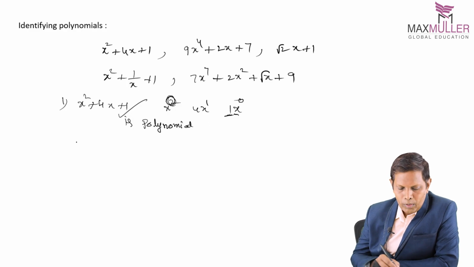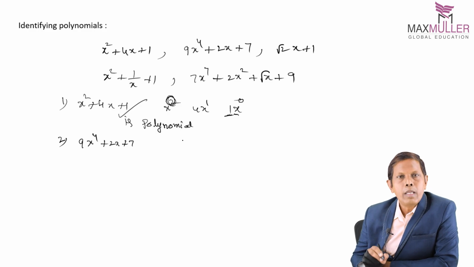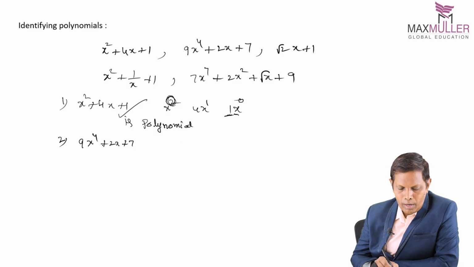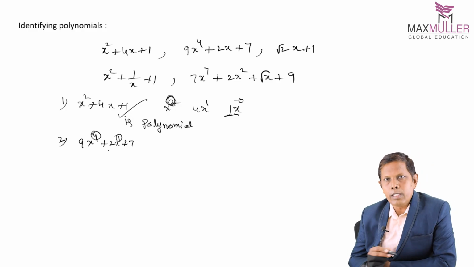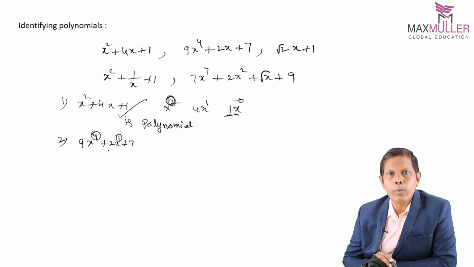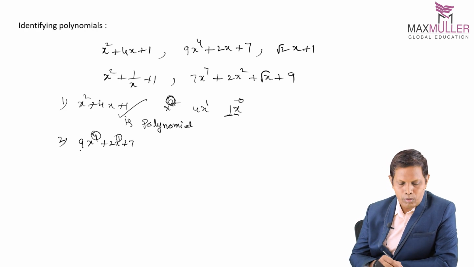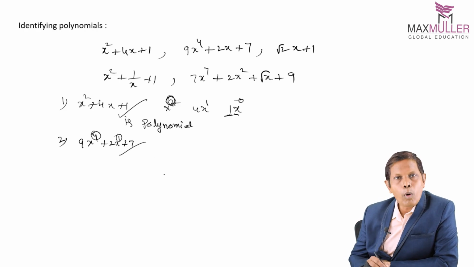The second one, 9x power 4 plus 2x plus 7, is also a polynomial. Here the degrees are 4, 1 and 0. These are also non-negative integral powers. So the second one is also a polynomial.